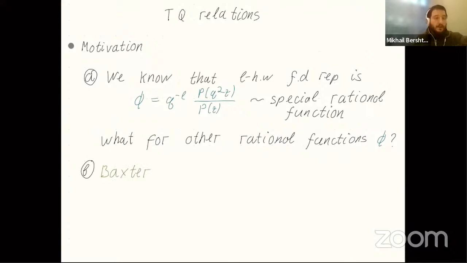Baxter observed that for G equals L2, V the standard representation, TV of U is equal to some A of U.